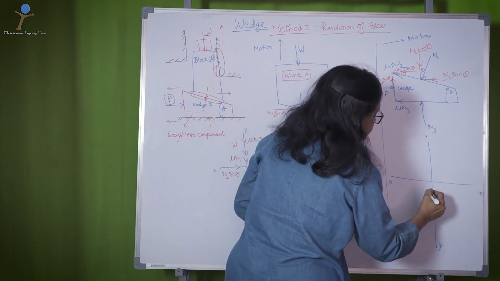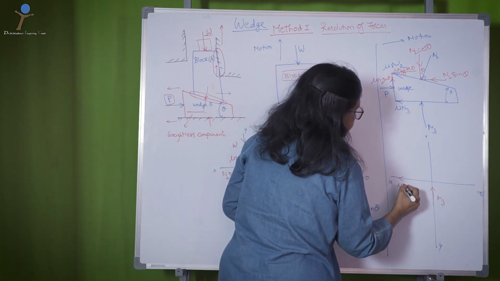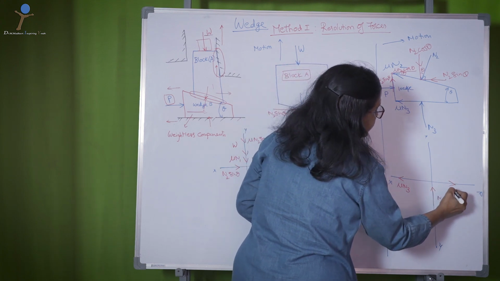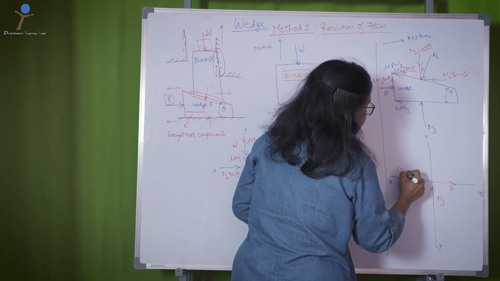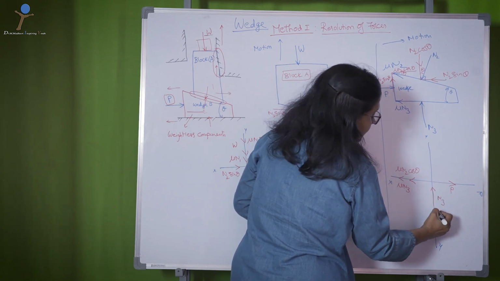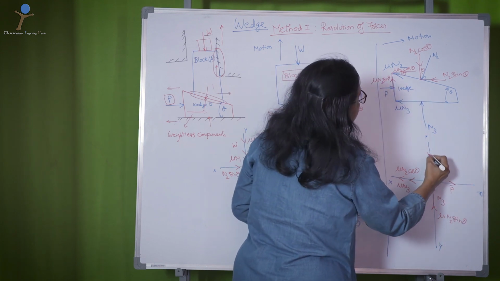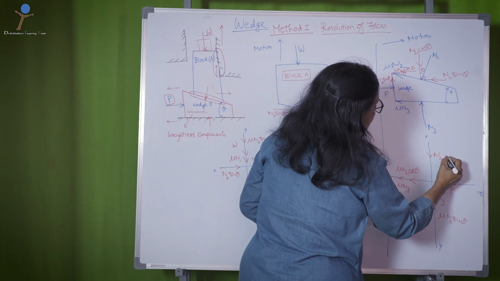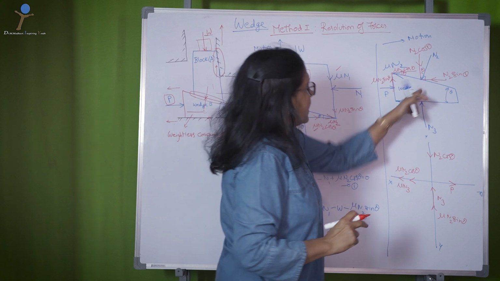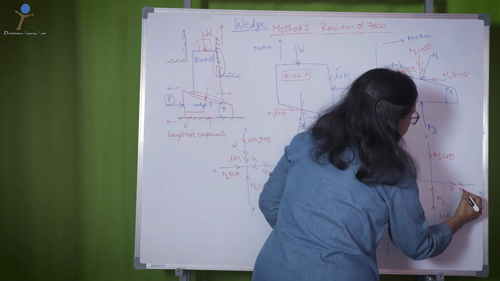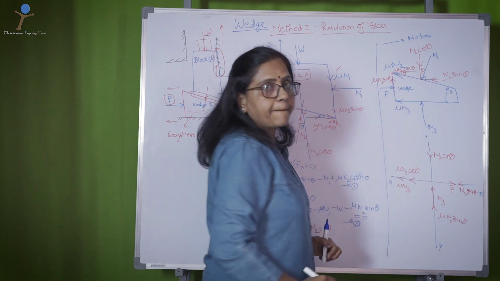Upwards is n3. This is mu n3. Again this is P. Then this is mu n2 cos theta. Upward is mu n2 sin theta. But downward direction is n2 cos theta. And again this left n2 sin theta. So, I have placed all the forces on the xy plane.